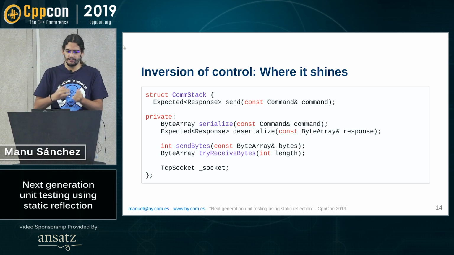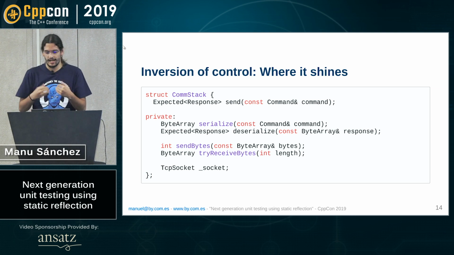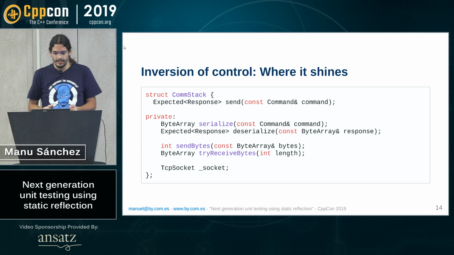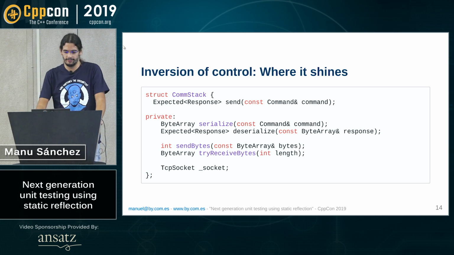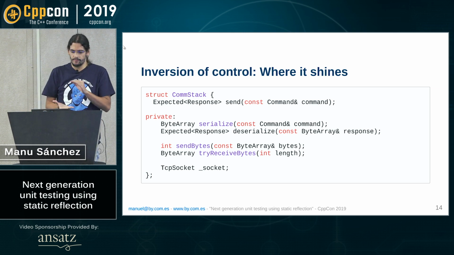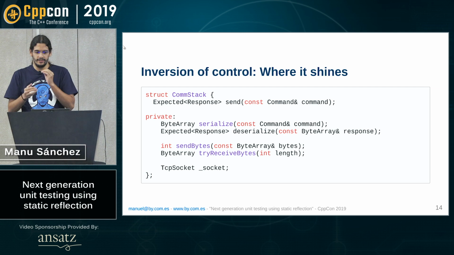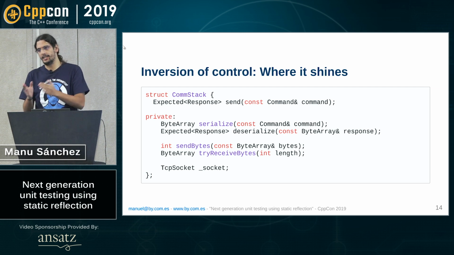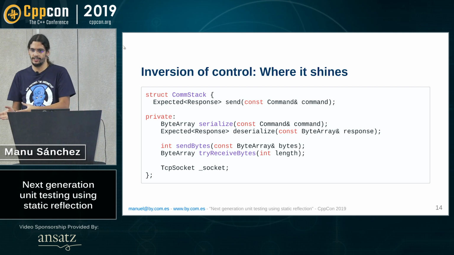And it internally does serialization of the command into a byte array, it does deserialization of a byte array that supposedly represents a response, and returns the response. And then you have a connection to a socket that does the real communication through TCP in this example. The problem is, in this design, you have tightly coupled the implementation of the application protocol and the actual communication of this protocol, the communication channel.